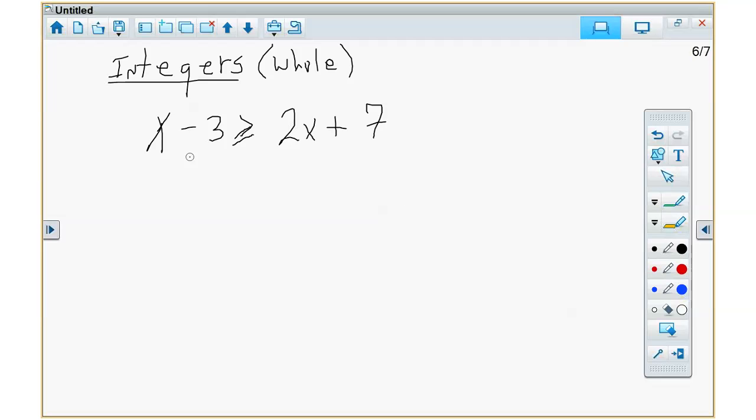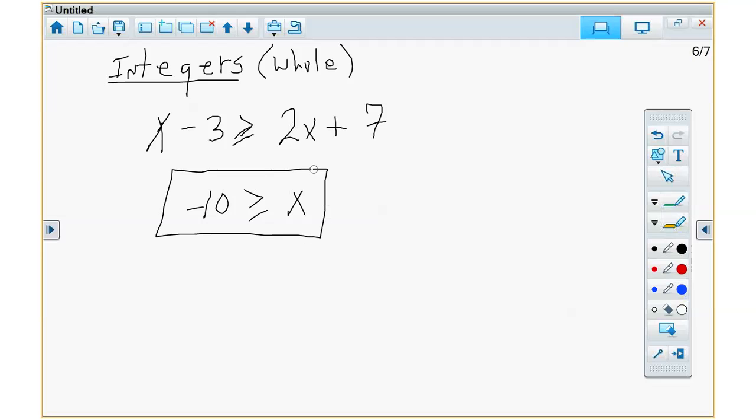Okay? And bring the x across, that becomes an x. Bring the 7 across, that becomes a negative 10. And there's your answer. Now, that's not different.